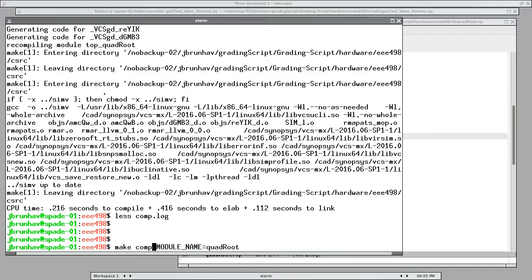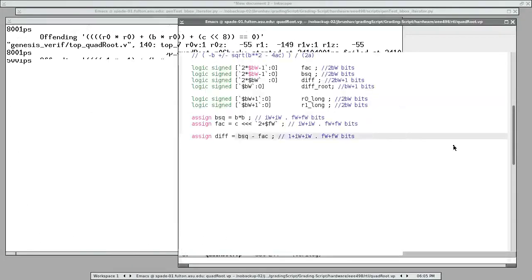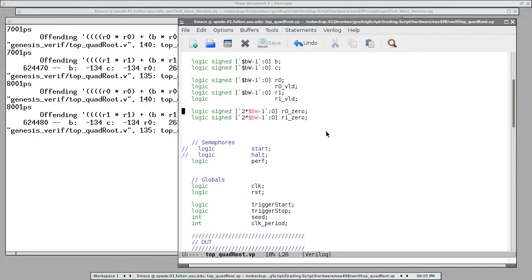So we've done comp. Let's run, make sure. Yep, so we're wrong. Let's go look at top QuadRoot.